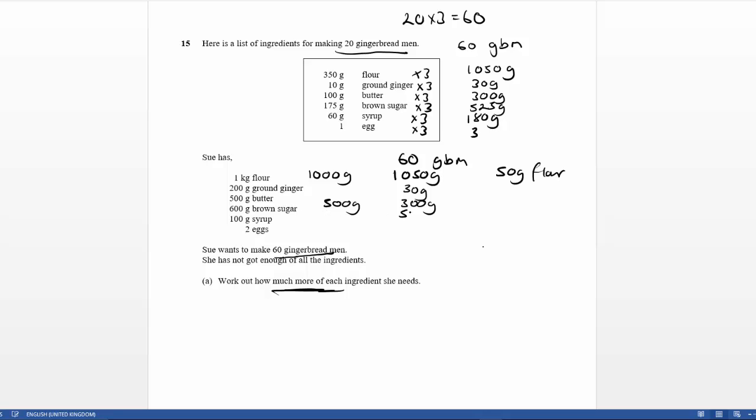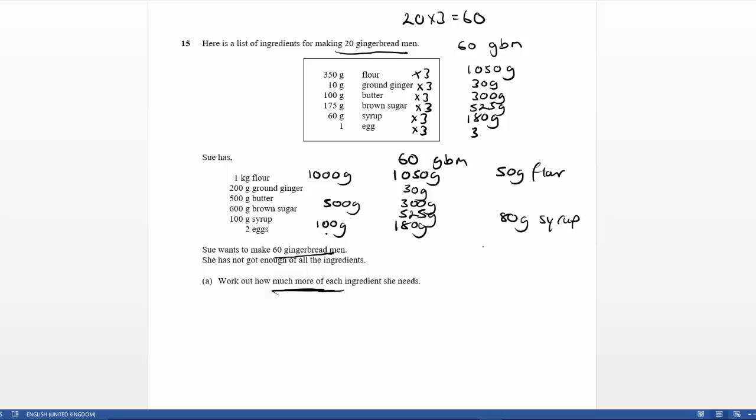We only need 525 grams, so we've got enough. It says here syrup. We've only got 100 grams of syrup, but we need 180 grams, so we need to get another 80 grams of syrup.